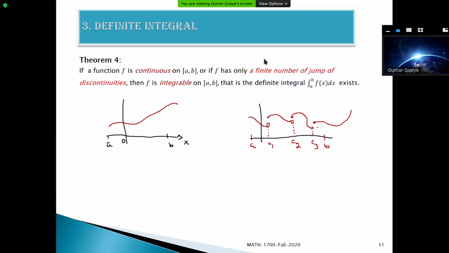So basically, anytime you realize your function is continuous on the interval [a, b], automatically you can say that function is going to be integrable and you don't have to prove it. If your function is discontinuous, but the number of discontinuity points is finite, you can also conclude that the function is integrable.